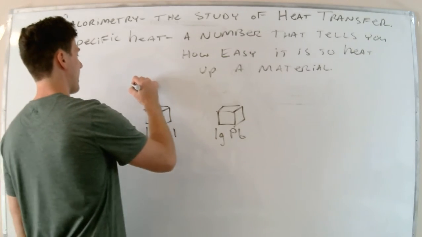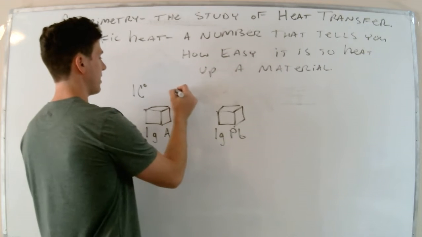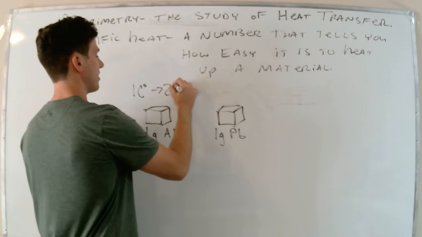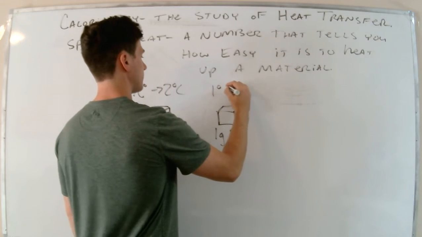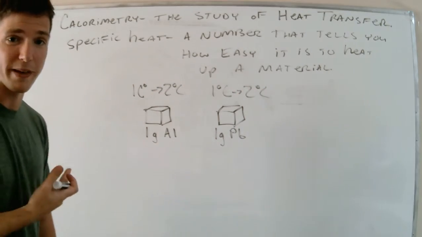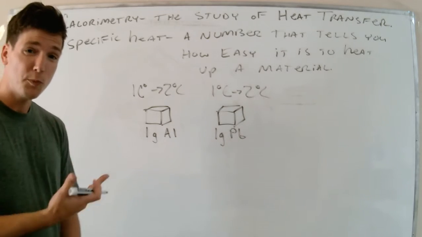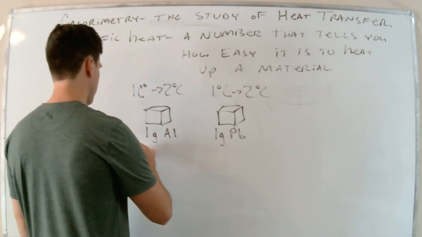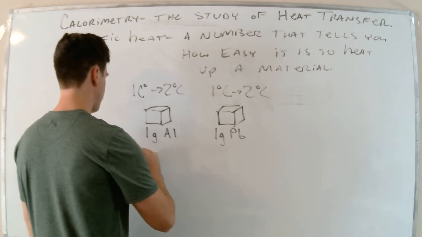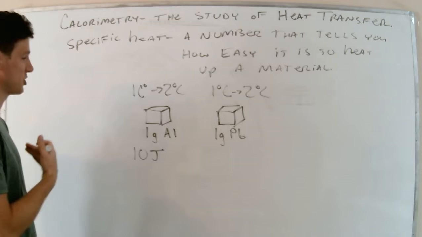And let's just say that I'm trying to increase the temperature from 1 degree Celsius to 2 degrees Celsius for both of these guys. Okay, so same amount of each of these metals, and I'm just trying to heat them up by 1 degree. Well, with aluminum, it might take something like, let's say, 10 joules of energy. That's not true, but let's just say it takes 10 joules of energy to heat this up.